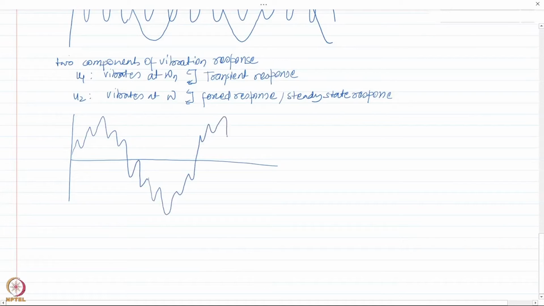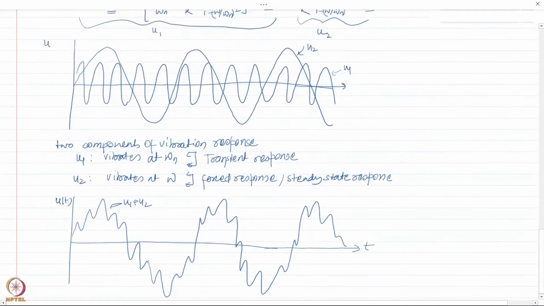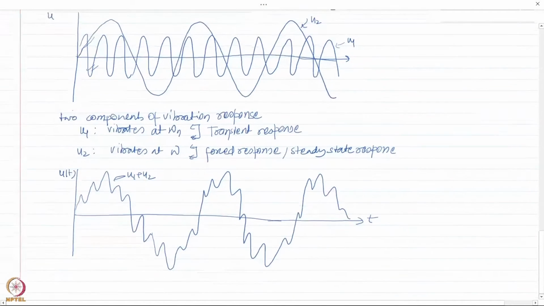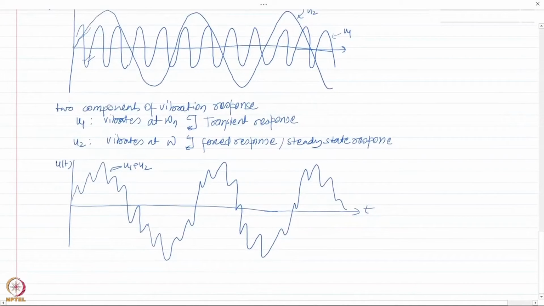This is not to scale, of course. You can perhaps plot this kind of graph using MATLAB. So this is the total response, u1 plus u2, transient response plus steady state response, which is basically the sum of these two responses. It is taking the transient response u1 and vibrating along the steady state response. So the sum of the two functions would look like this.